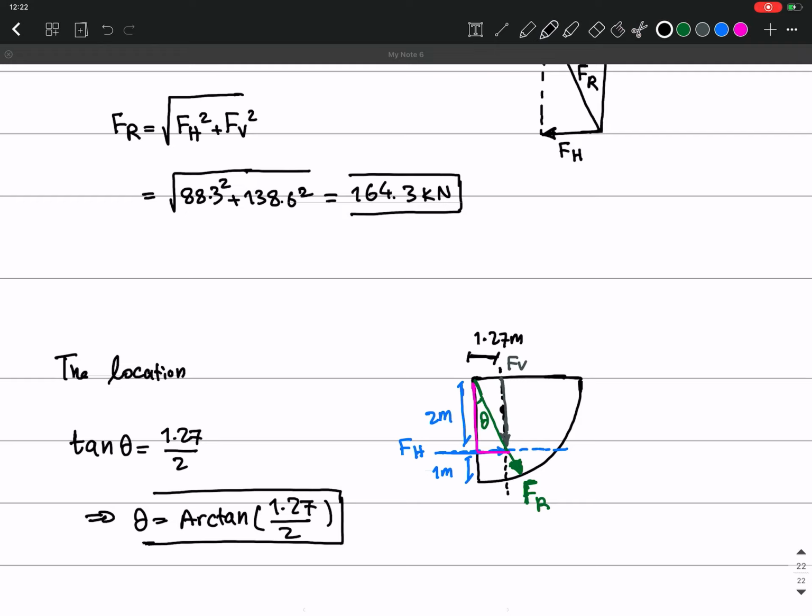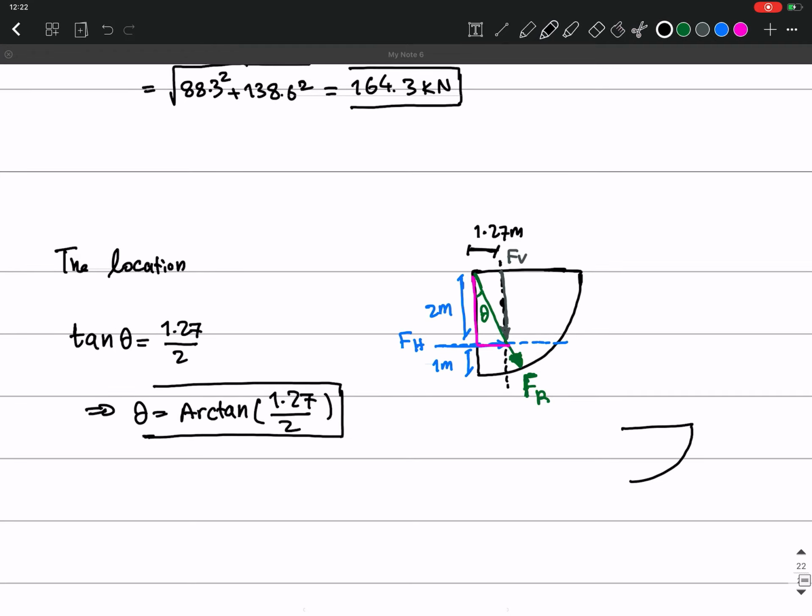Okay, so this force acts along this line here, perpendicular to the surface, FR, and this theta is the one that we found, which is the arctangent of 1.27 over 2. That's going to be the value of theta.